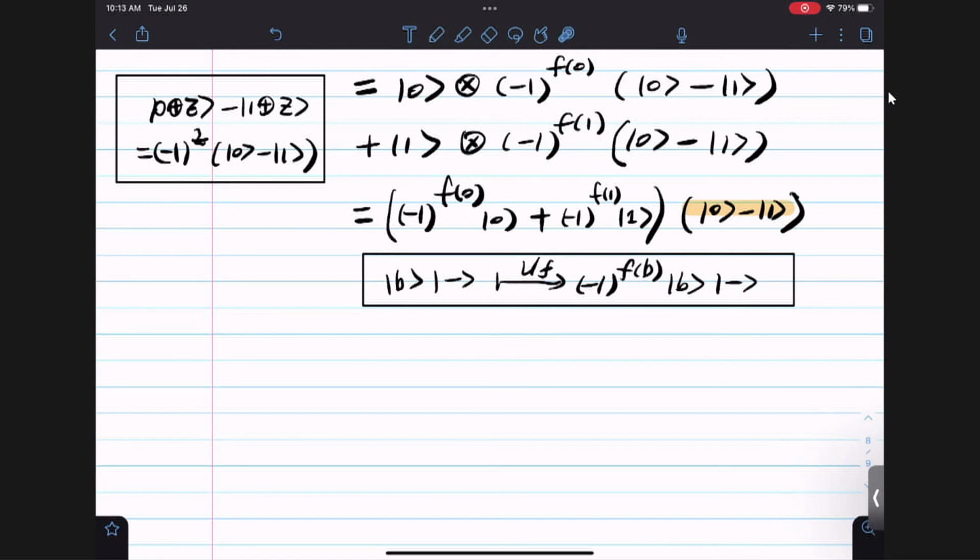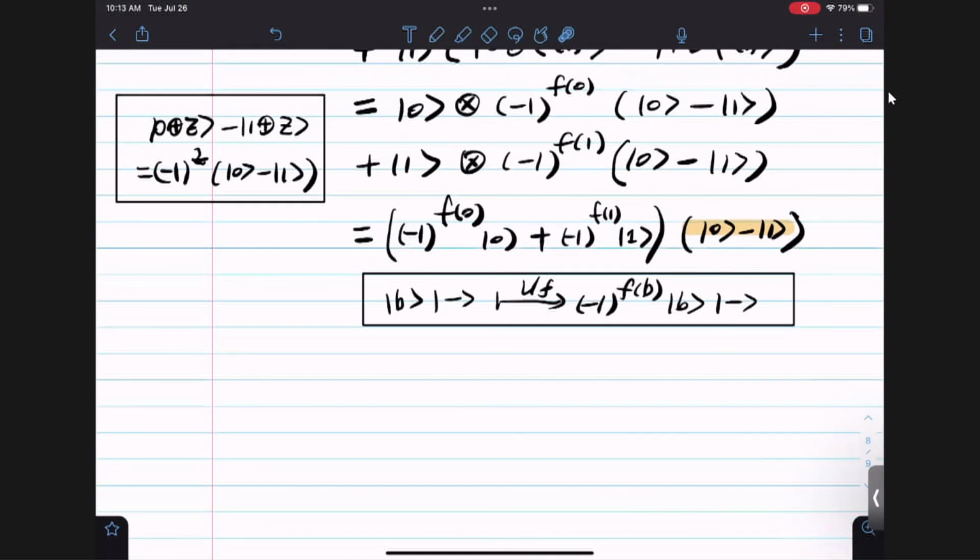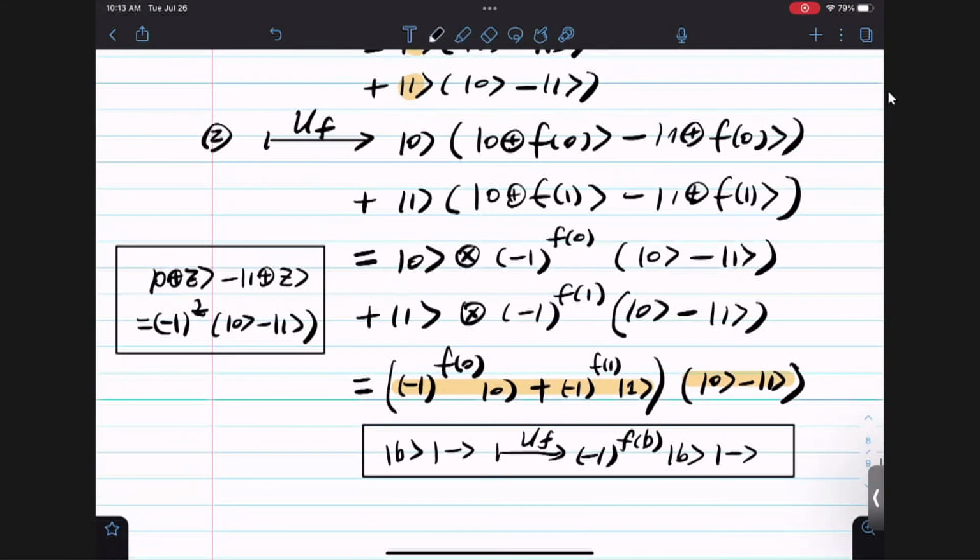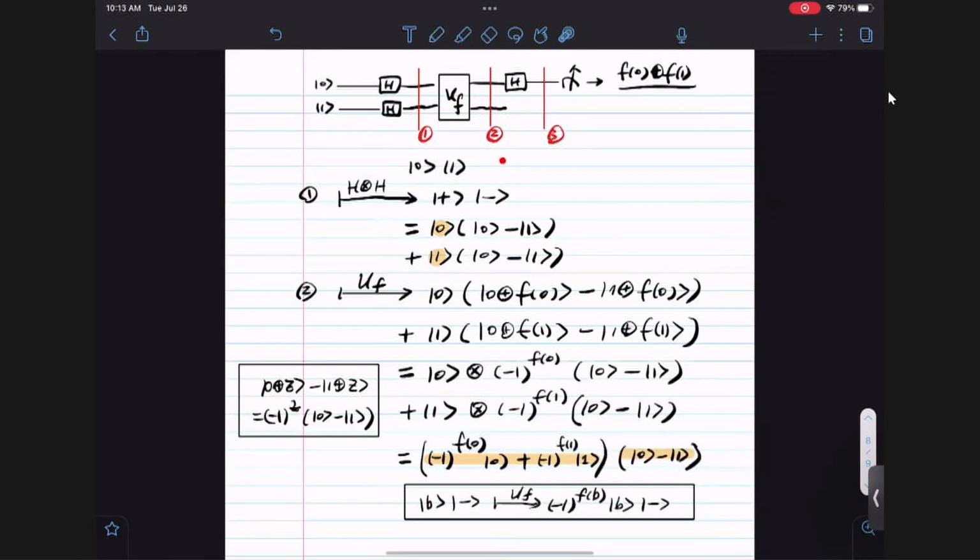So this is the phase kickback trick. Anyways, so let's observe this state here. Again, this is the state right here after step 2.